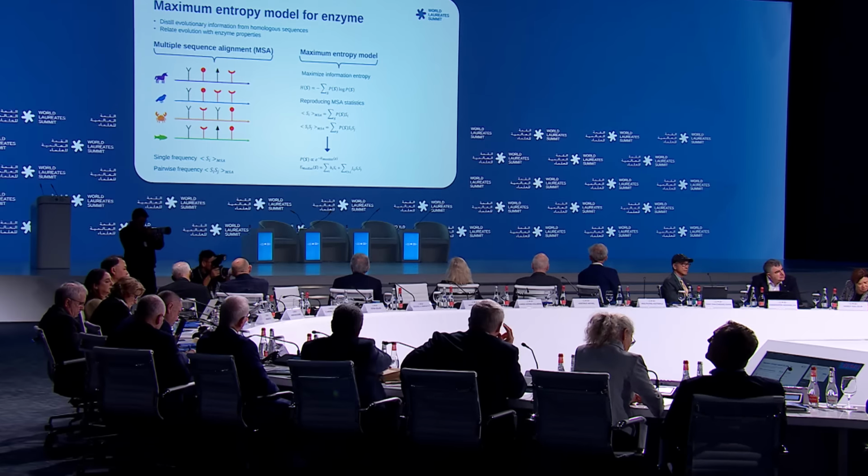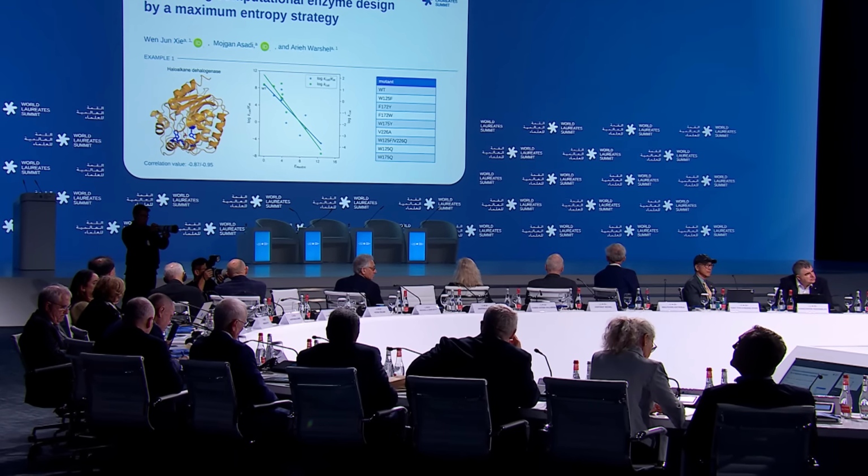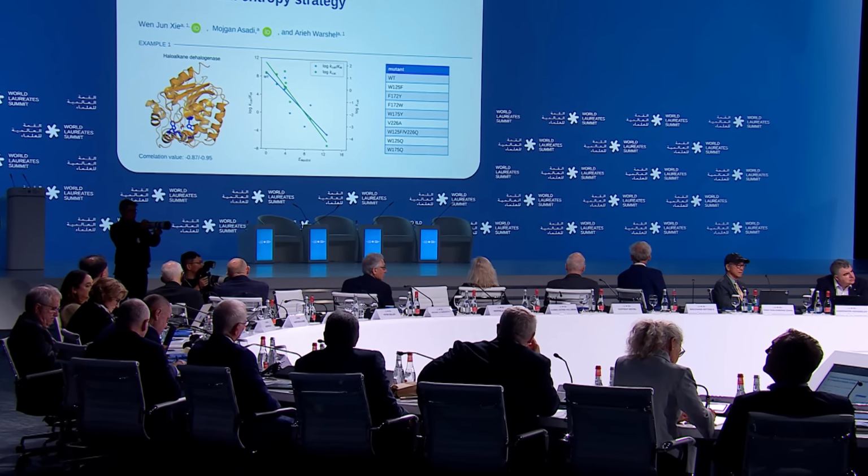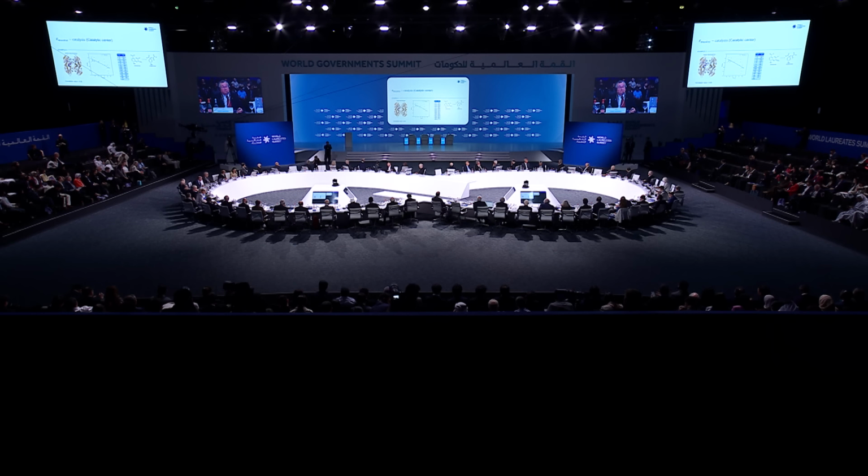We used maximum entropy to see if it has any correlation with catalytic efficiency. And for several enzymes, we found very impressive correlation where the energy of maximum entropy is directly correlated with the catalytic power of different types of enzymes. And the catalytic power was not included in the learning process.